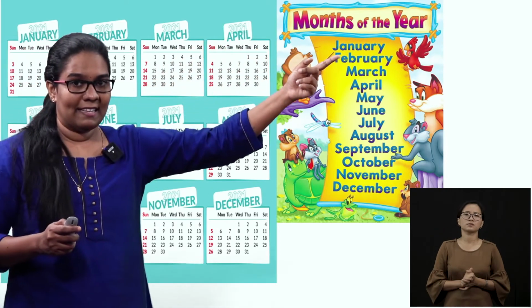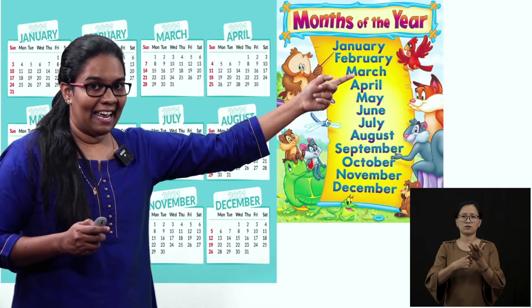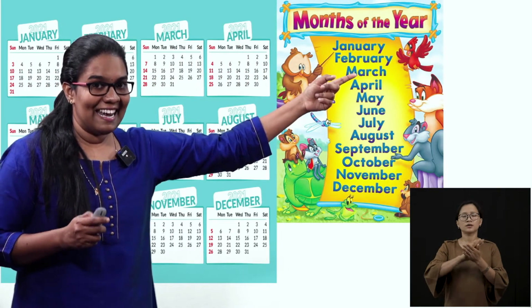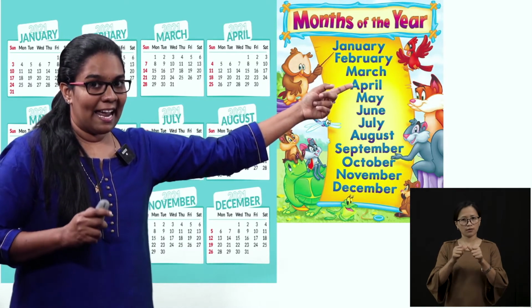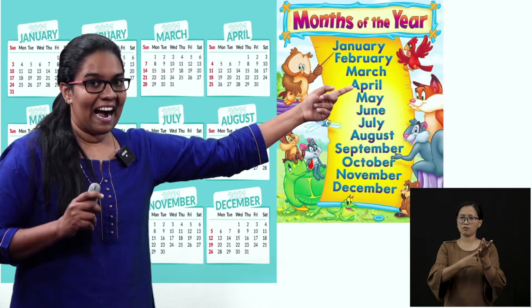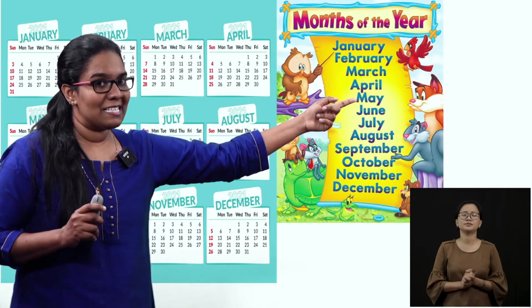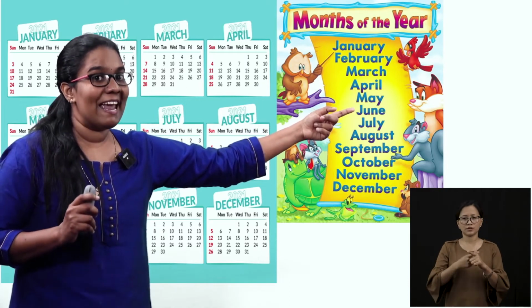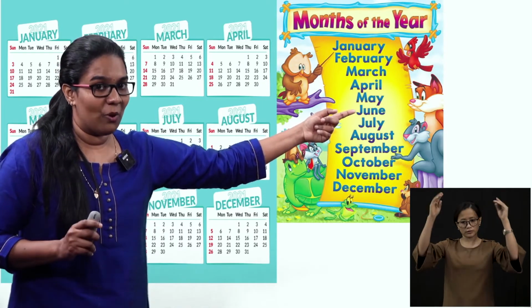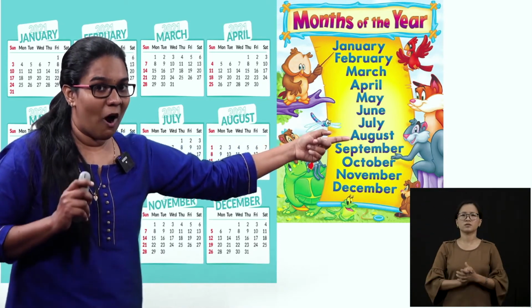Next one, March. M A R C H. Then April. A P R I L. Next, May. M A Y. June. J U N E. July. J U L Y. Then August.